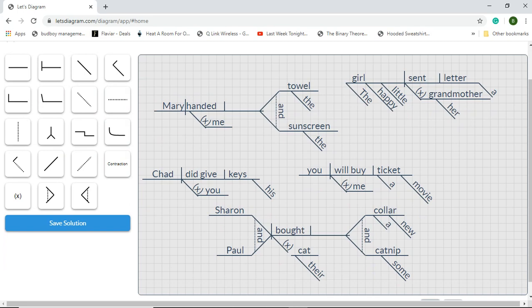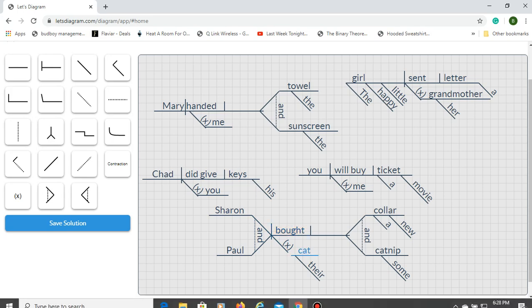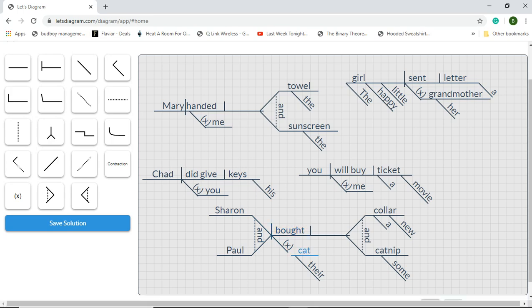So here is everything for this. We have compound subjects in the sentence. Sharon, Paul. There are 2 of them. That is compound subject. So Sharon and Paul. Okay, and is the coordinating conjunction. Bought is the verb. Okay, cat is the indirect object, who they're buying it for. There is an adjective modifying cat. They're buying it for their cat.